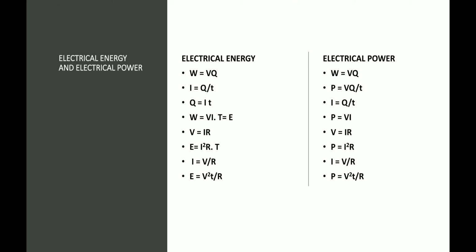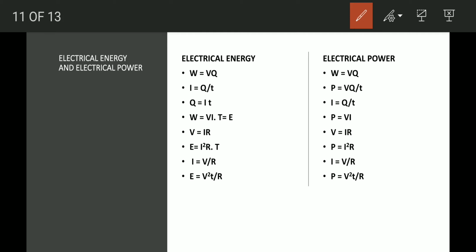Then comes the formula for electrical energy and electrical power. The first formula that we obtained for electrical energy is VIT, where V is the voltage, I is the current, and T is the time. Correspondingly, the formula for electrical power is VI.